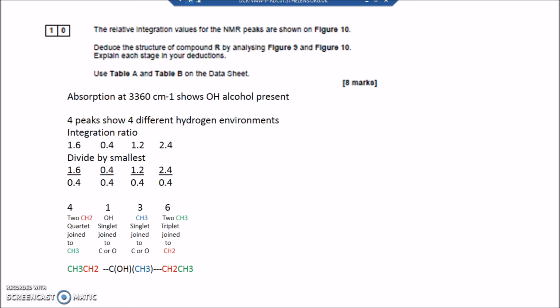I can only have a 4 by having 2 identical CH2s. That's all I can have. And so the 2 CH3s are on each end, with a CH2 and a CH2 next in, so that's going to give me my symmetrical pattern. Then all I want is something symmetrical in the middle. A COH and a CH3 will fit the bill.